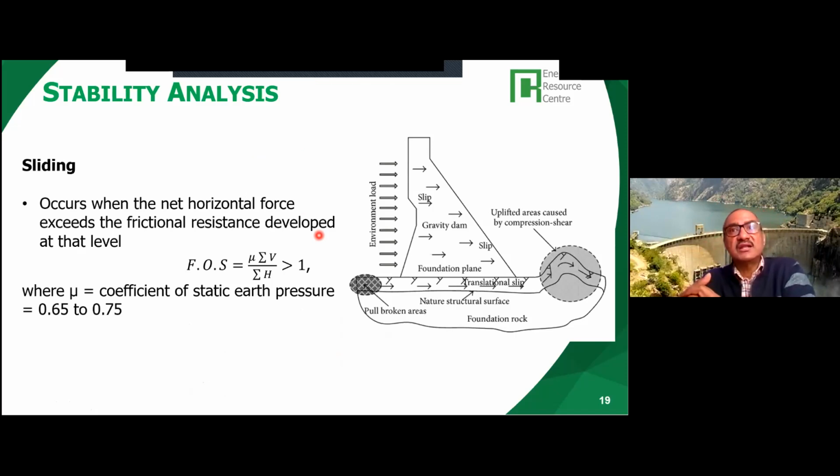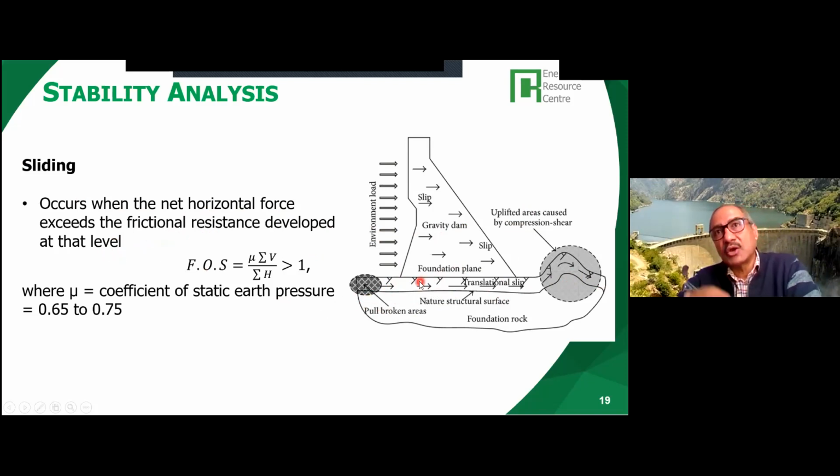The other thing for a stability analysis is the sliding. Because of the pressure, because you have the load on the dam, and there is a foundation plane, you can really have what is known as the sliding effect, which occurs when the net horizontal force exceeds the frictional resistance developed at that level.